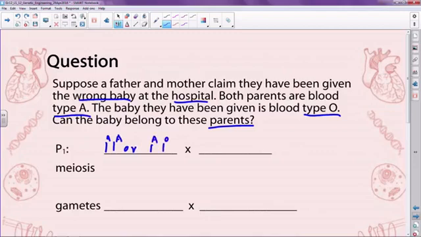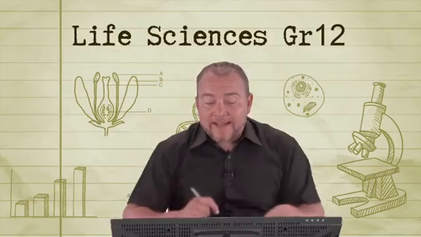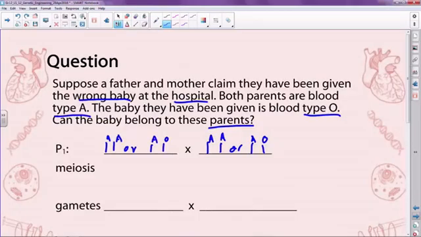And the same with the mom, A and A, or A and O. So we automatically know that we need two O's to create an O child. Am I right? Okay, so I'm going to cancel these ones, and the gametes that I'm looking for are A and O.